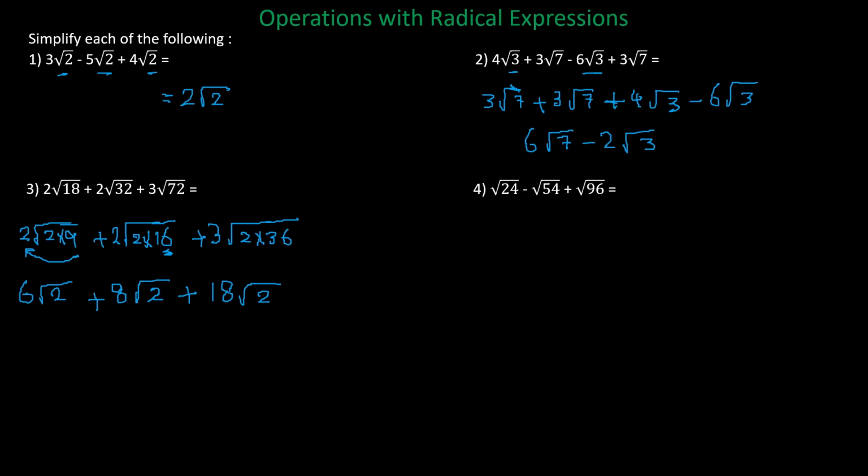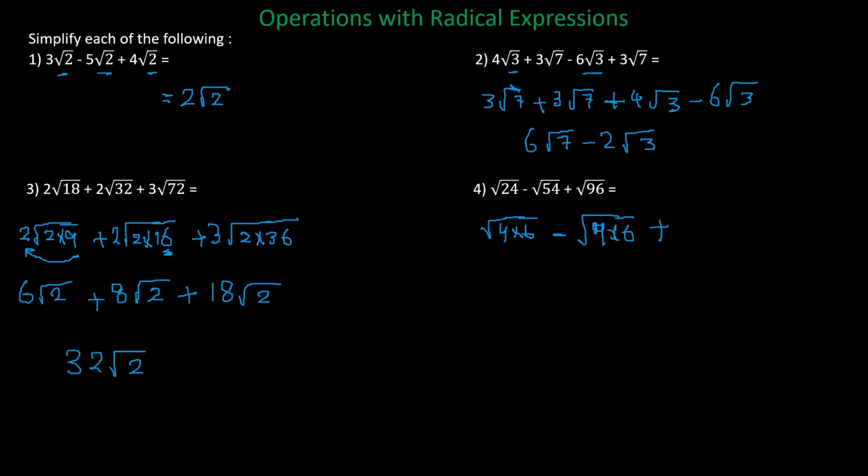Now we have the same root, so we add 6 plus 8 plus 18, which is 32 square root of 2. In example number 4, let's try square root of 24. 24 can be 2 times 12 or 4 times 6. We will take 4 times 6 because the square root of 4 is 2. Minus square root of 54, which can be 6 times 9 or 9 times 6.